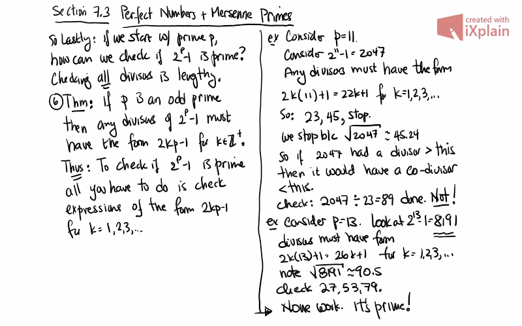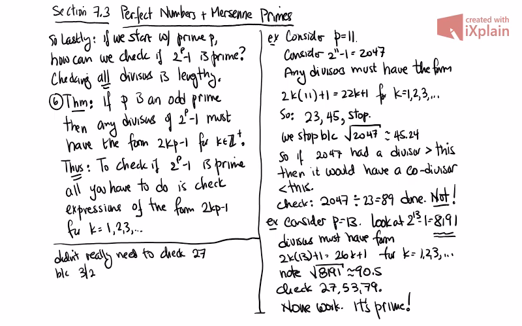Now, as a closing note, which I'll just put over here on the left-hand side, just because it fits, we didn't actually need to check 27. Because 27 itself is divisible by 3 and 9, and those are not of the right form. 3 divides 27, 9 divides 27.